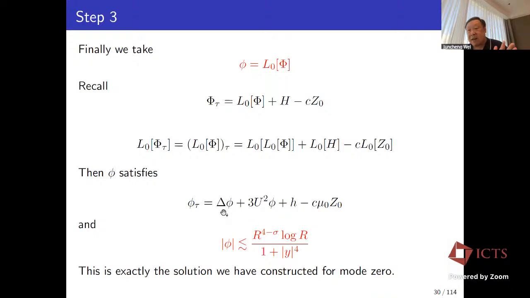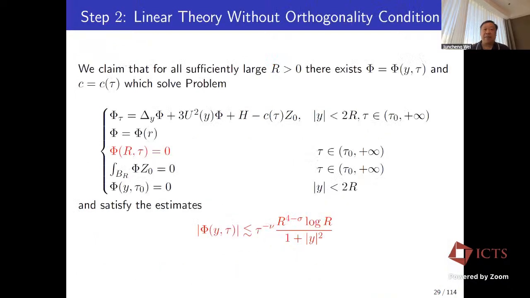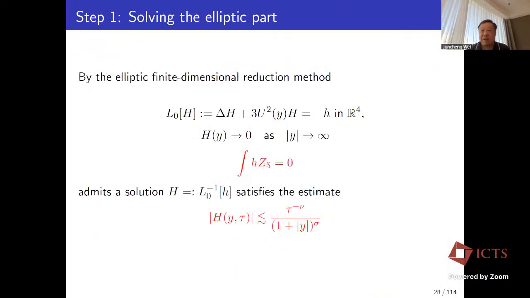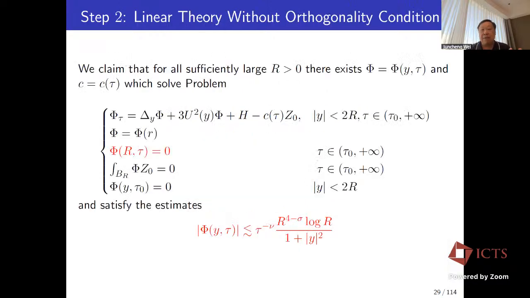So the three steps. The first step is very simple. It's elliptic, you use elliptic theory. The main problem is the second step. In this step, you don't impose any orthogonality condition on the kernel, and you want to find a solution with the differential boundary condition.